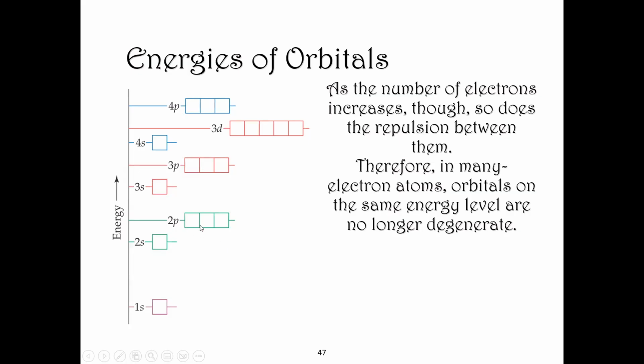So the 2p orbitals are still all degenerate with one another, same thing with the 3d orbitals. But now they're not going to be the same as each other. So we can see 2s and 2p are different, same thing with 3s, 3p, 3d. And we'll actually go through some of the weird things that are going to happen now, like 4s is actually going to be lower energy than 3d here.